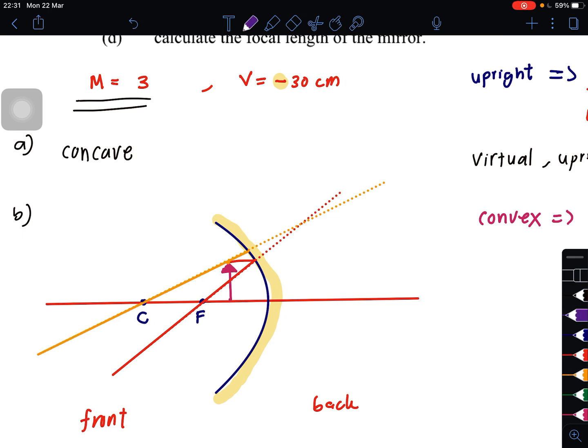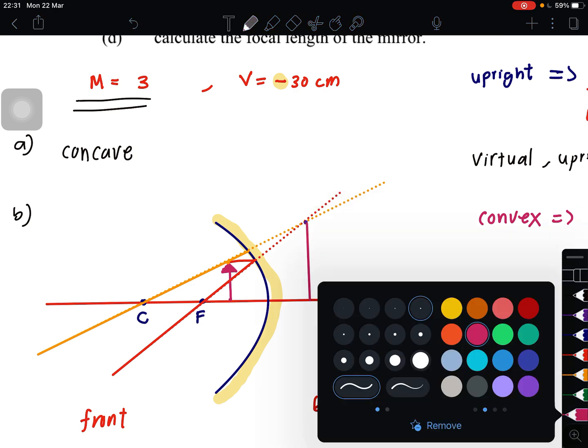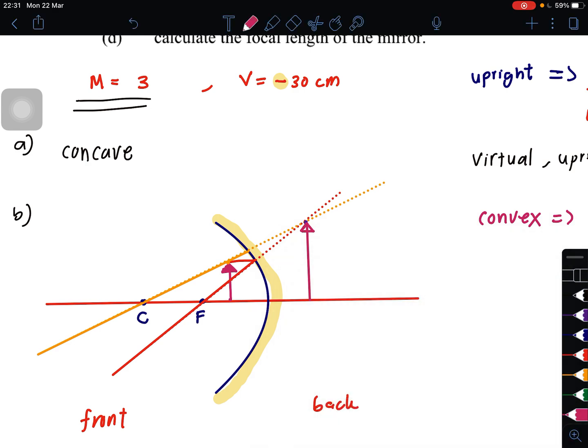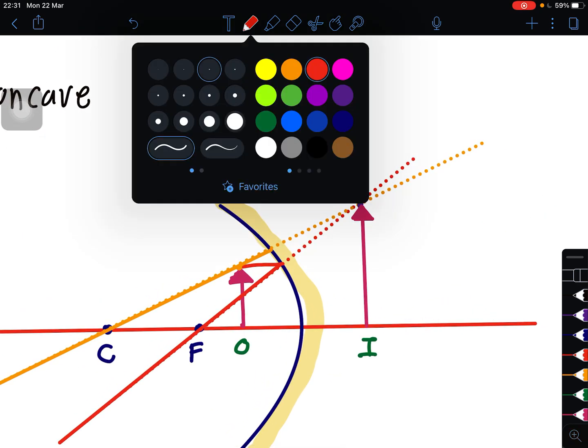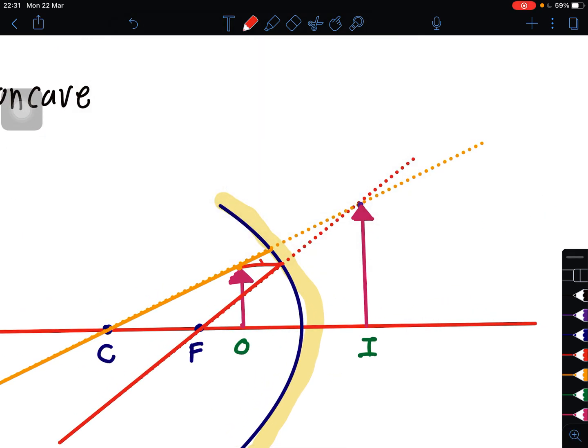So dekat mana intersection tu, kat situlah kita punya image yang terbentuk. So lukis image. So this will be the object, this will be the image. And then jangan lupa letak dia punya pointer. So here dia akan jadi macam ni, and then reflect balik.